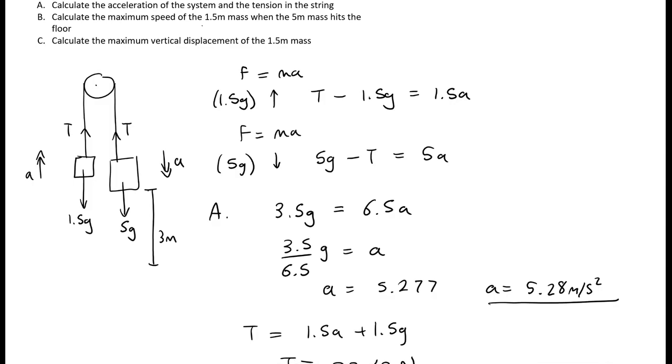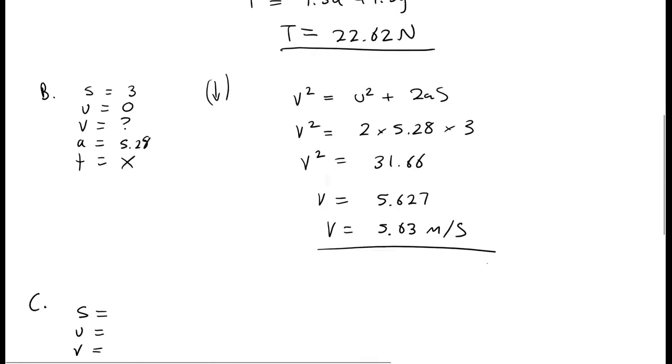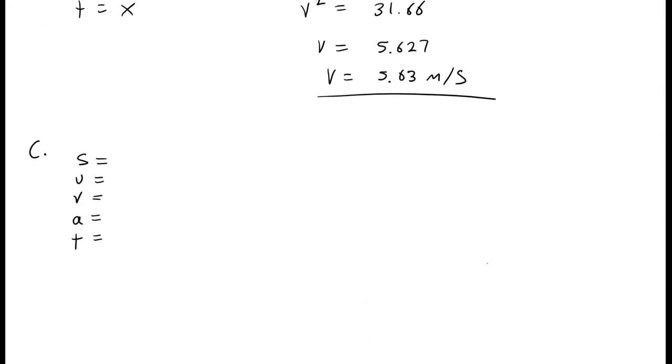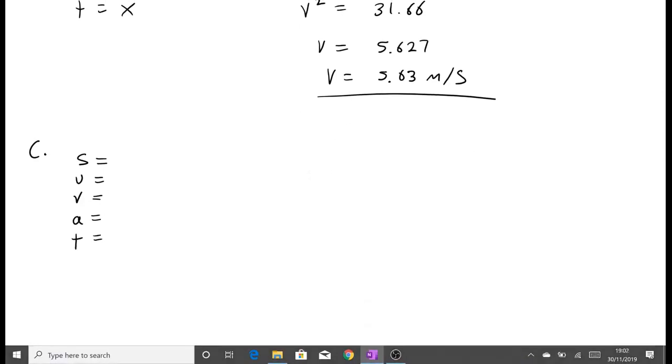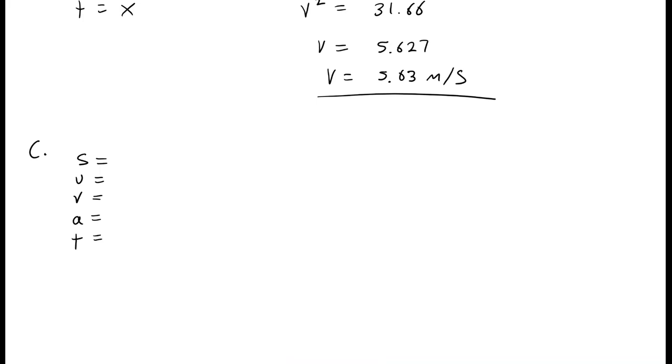And again, this is a constant acceleration situation, so we should put in what we know. The 1.5 m mass is going to be accelerated up by the tension. Then when the 5 m mass hits the floor, the string goes slack, but the 1.5 m mass still has some speed, it's still travelling up. That's what we want to find.